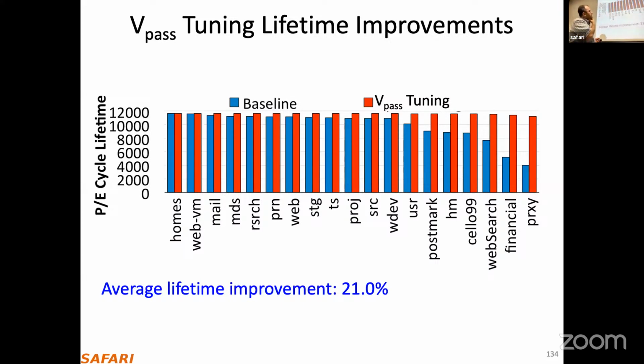But for some applications, VPass tuning significantly increases the number of PE cycles, the lifetime. So the average is 21%, but for some benchmarks the improvement is quite significant.